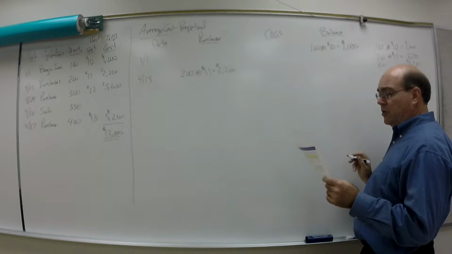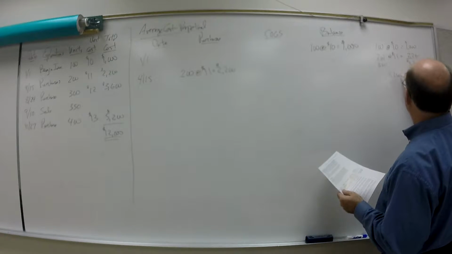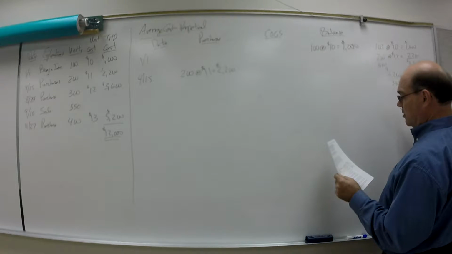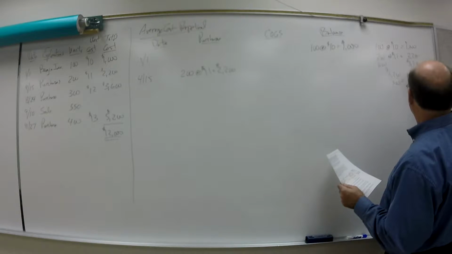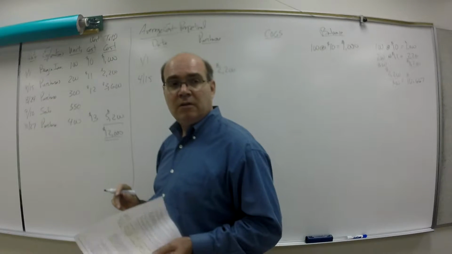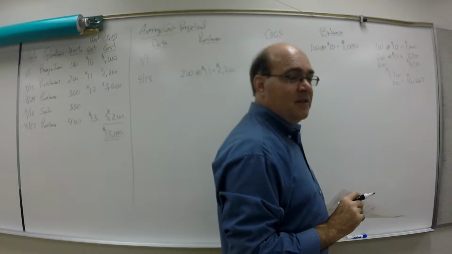So what I have to do is divide 3,200 by 300, and that works out to be $10.667. That's my average cost after that purchase. The homework had 2 or 3 different sales.